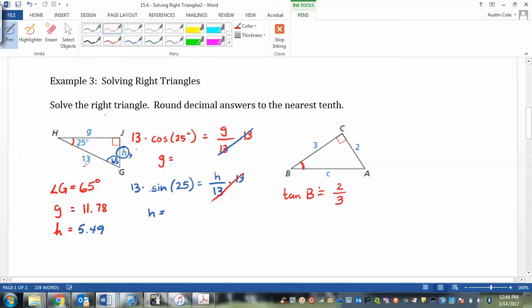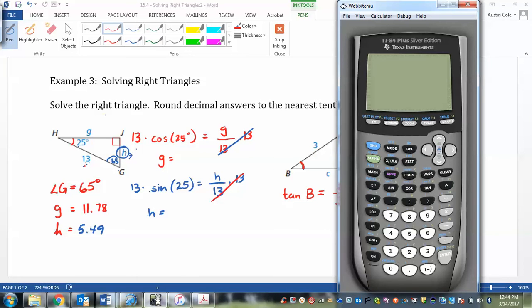If you notice, I don't know the angle. If I'm trying to find the angle, on our calculators we're going to use second and then whatever function we're using. In this case, it's tangent. So go second tangent and then type in 2 divided by 3, and that is our angle.